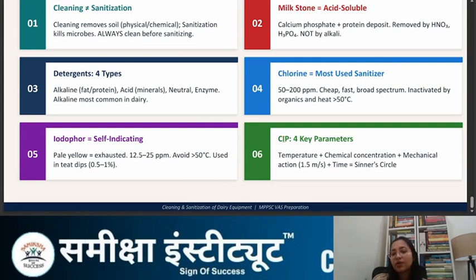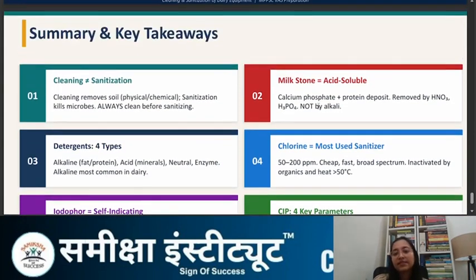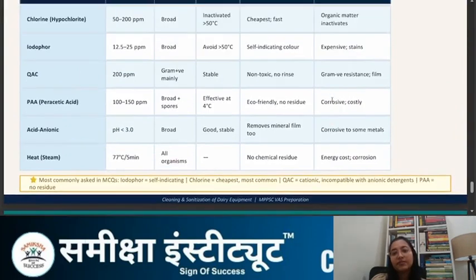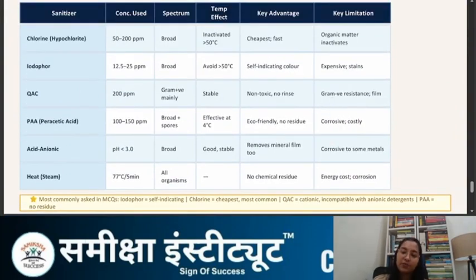Then we also studied about cleaning in place, how temperature, chemical concentration, mechanical action, and time, all these 4 are the important key parameters to ensure that cleaning in place is conducted and the whole of the equipments are cleaned using the cleaning in place method without dismantling of the equipments.